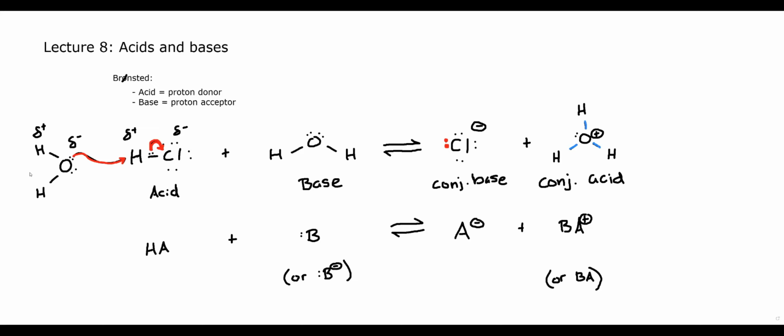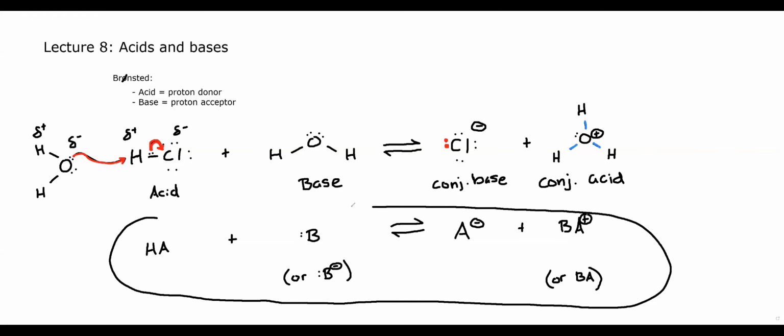But here's just a generic acid-base reaction that I drew on the bottom. And so this could be anything. Obviously, I have an example up top with hydrochloric acid and water, okay? But it could be anything. And we abbreviate that with HA, meaning some acid that has a hydrogen on it, right? Because that's by definition what an acid is.